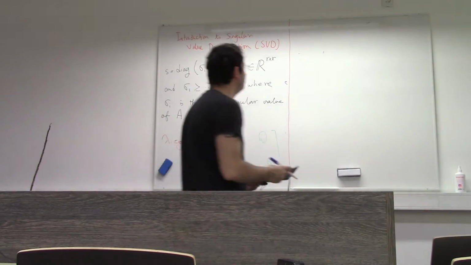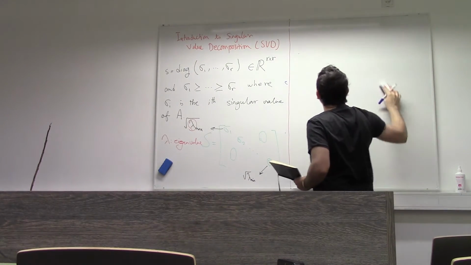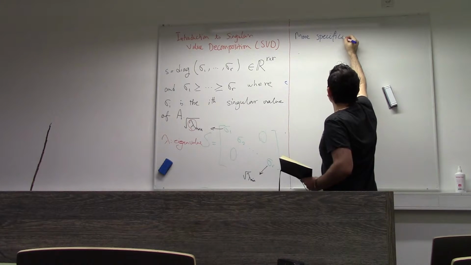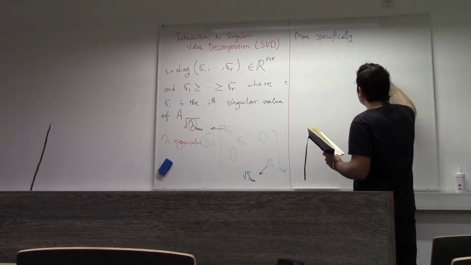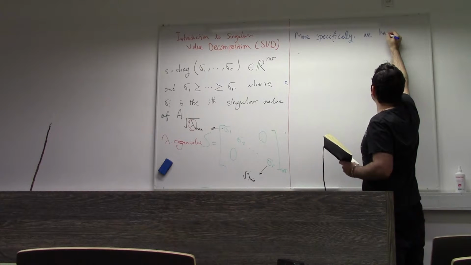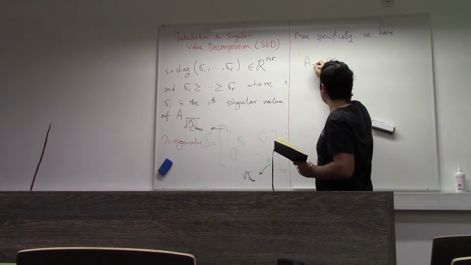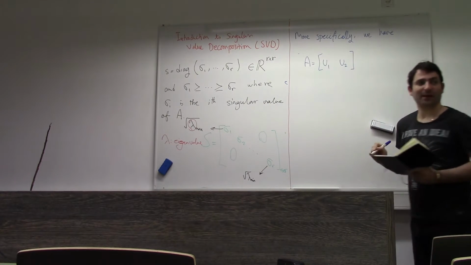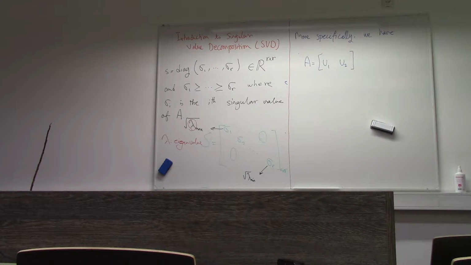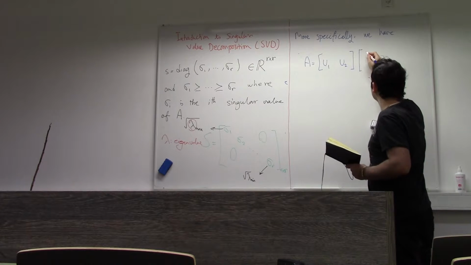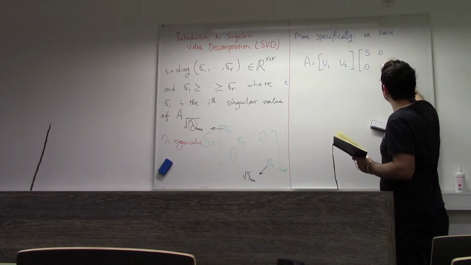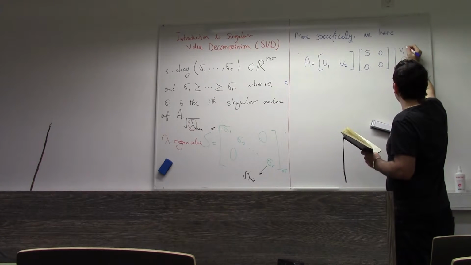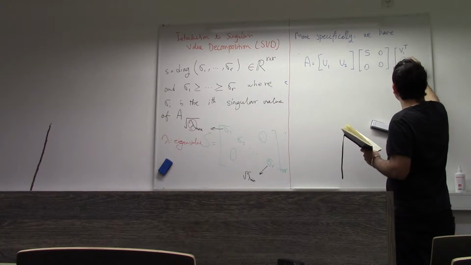More specifically, A is U1, U2, so we can divide it into two block matrices, then S, then V1 transpose, V2 transpose.